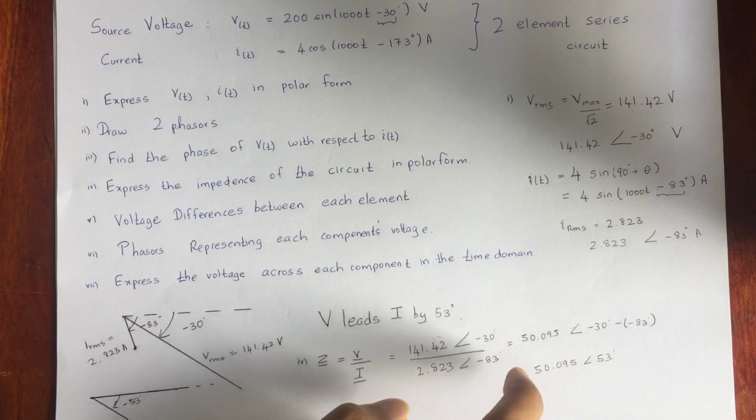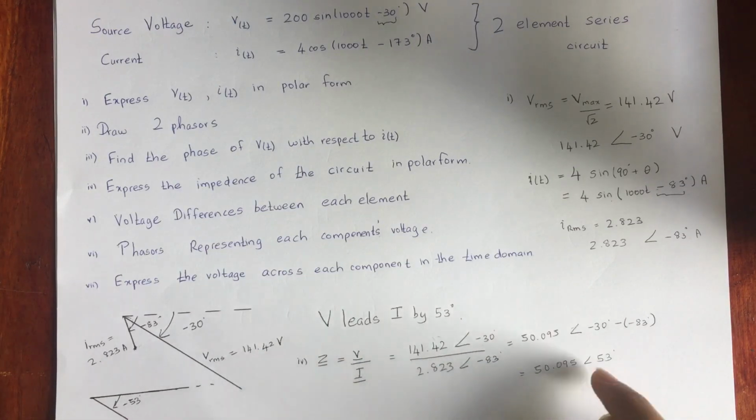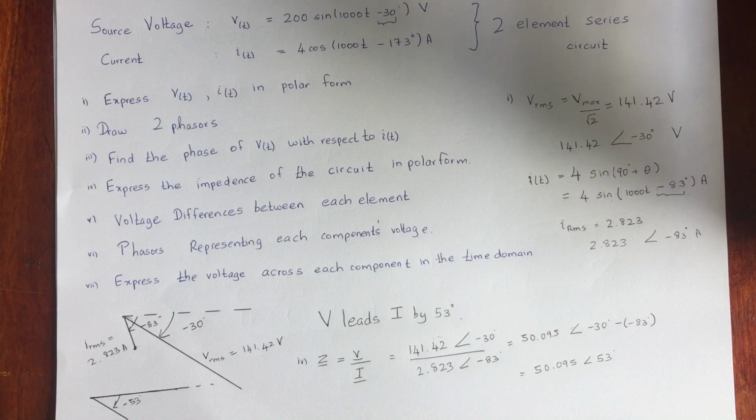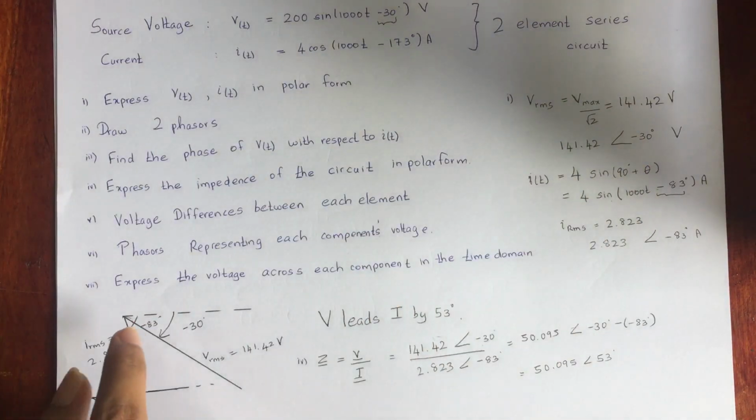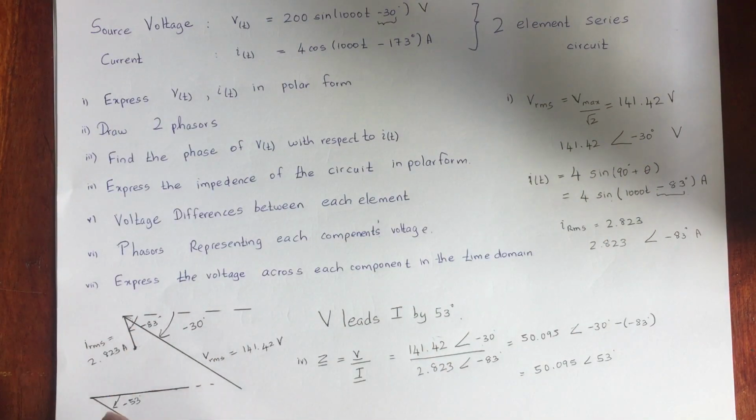From this part, as the impedance angle is 53, we can tell it's going to have a resistance part. It's also going to have a positive reactance part, so we can directly tell it's going to have only an inductor as well as a resistor. It's not having a capacitor because they have mentioned there are only two elements.